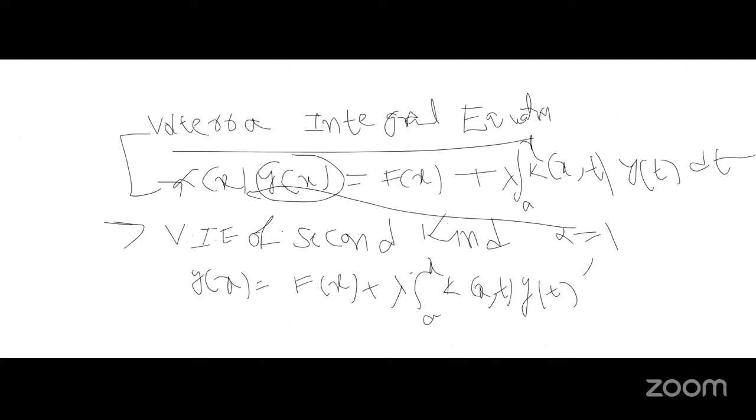So this is the second kind when alpha equals 1. Now let's see the third.